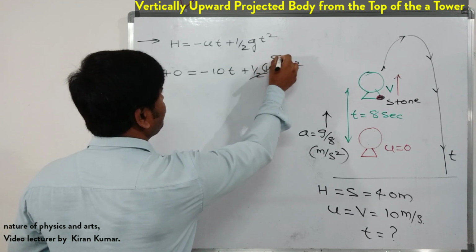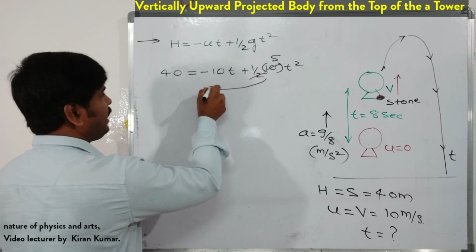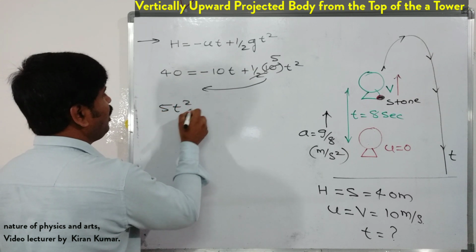This is 5. So rearranging this equation, that is 5t square.